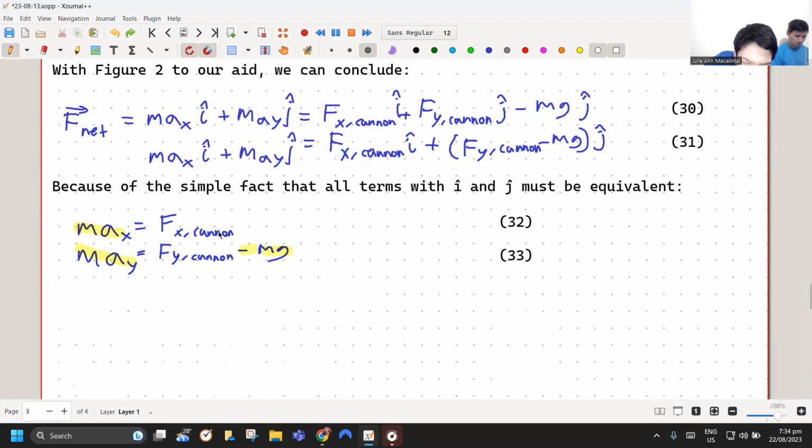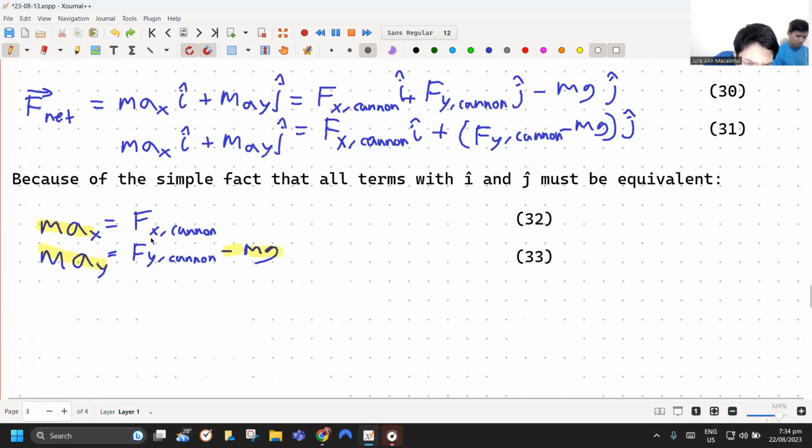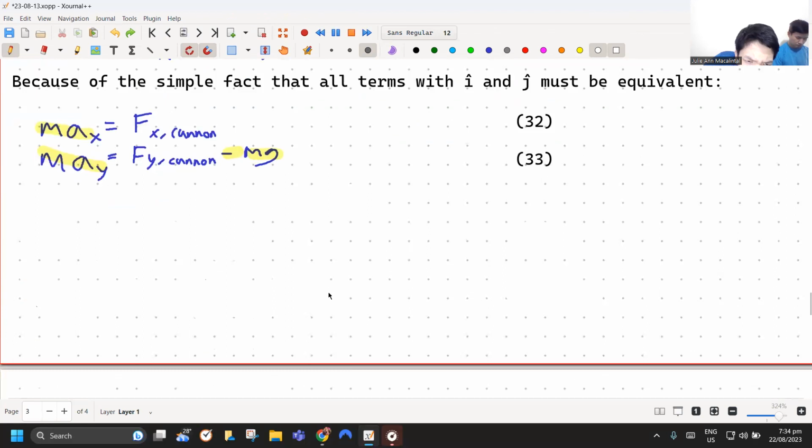Now we are left with Fx cannon, the force of the cannon going in the x direction, and the force of the cannon going in the y direction. We know everything on the left hand side, and we know mg on the right hand side of equation 33. So we can now isolate them and substitute.